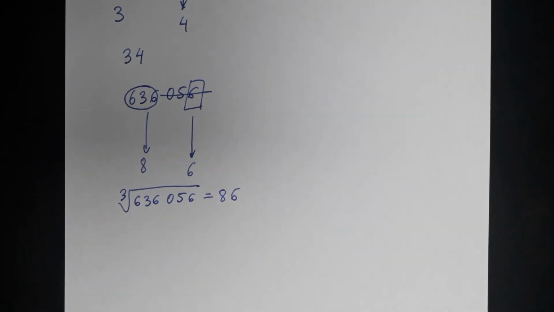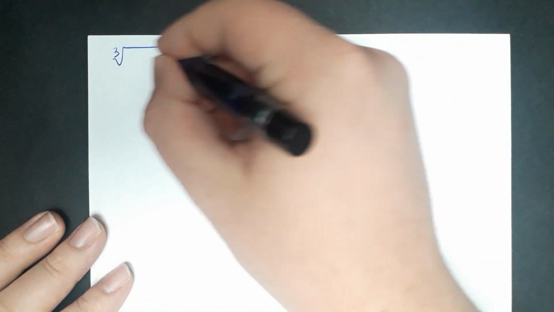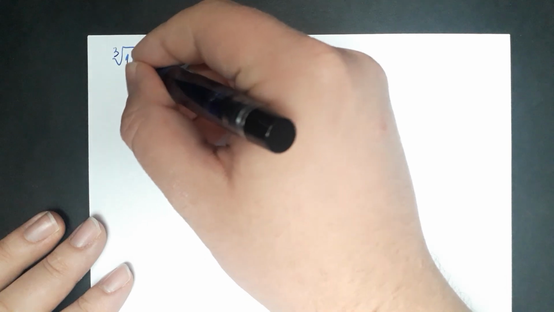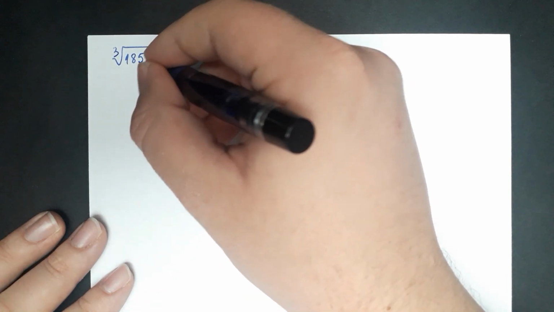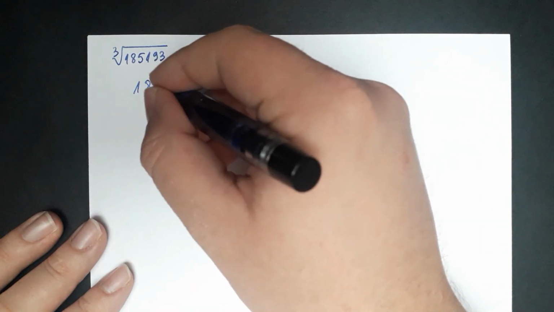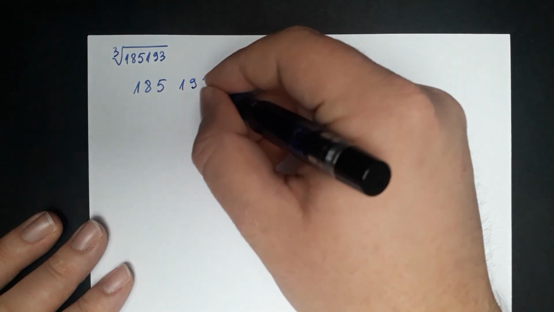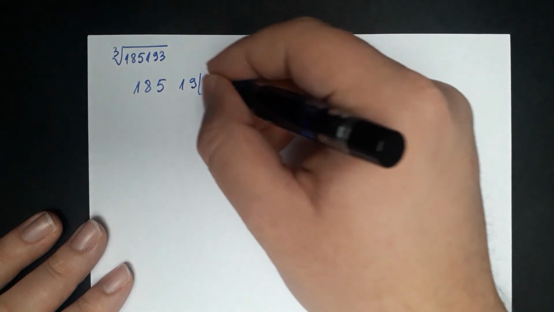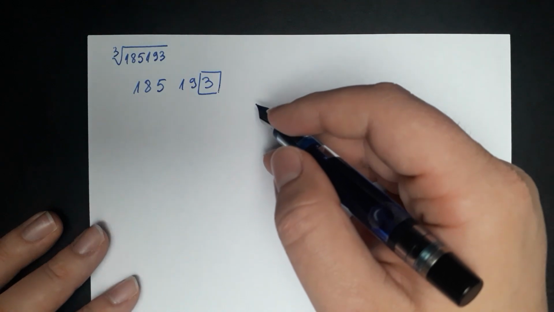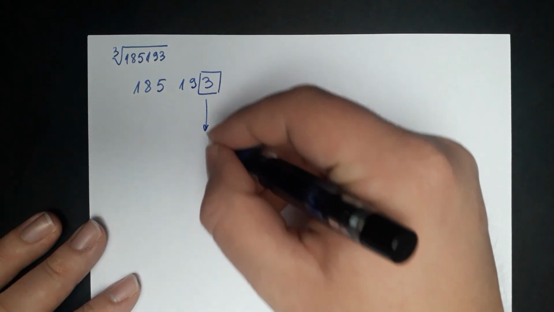When you memorize this table, you will be able to perform this method very quickly. Let's work through one more example. We want to find the cubic root of the number 185,193. The last digit of this number is 3, and in our table that corresponds to the number 7.